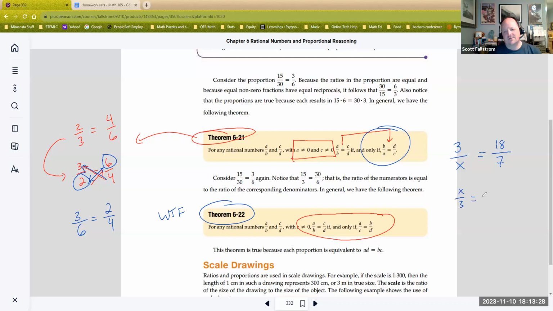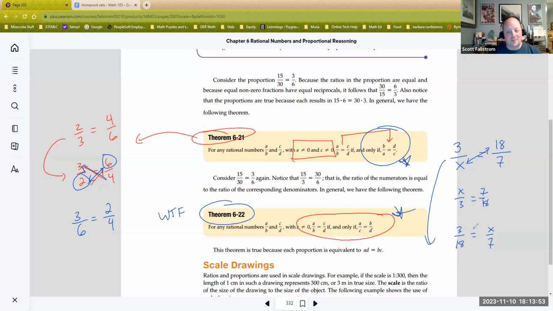So all you have to do is flip both of them over, right? That's the first one. Or what you could do is simply switch these two. You could say, using the bottom theorem right down here, you could say 3/x to 18/7. You know what? Why don't I just do 3/18 is equal to x/7?